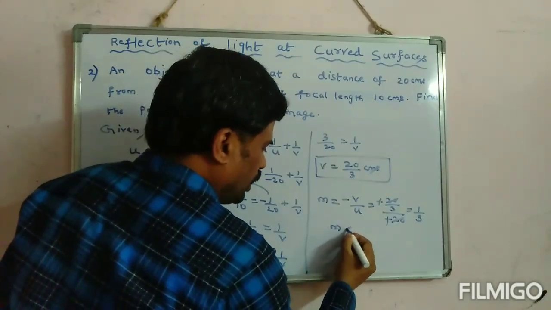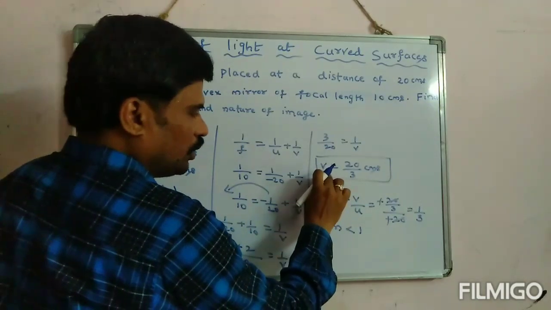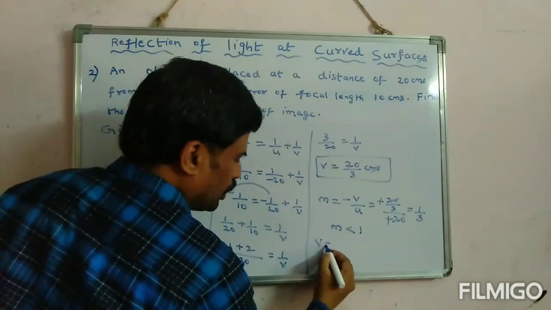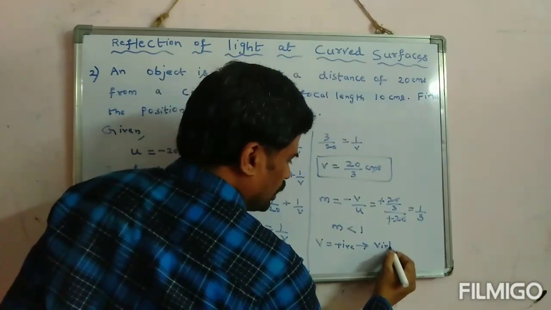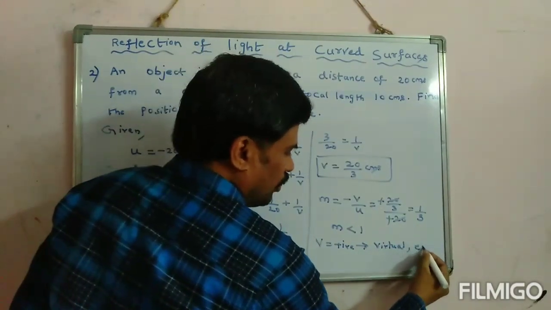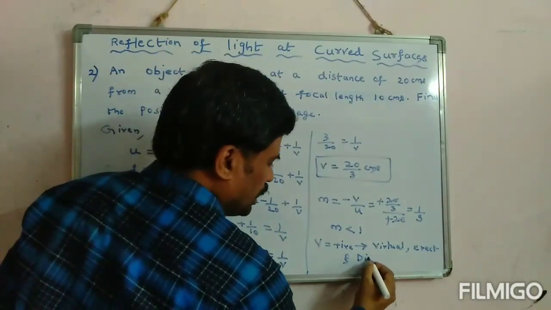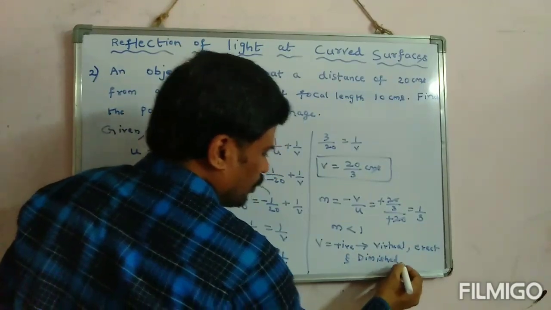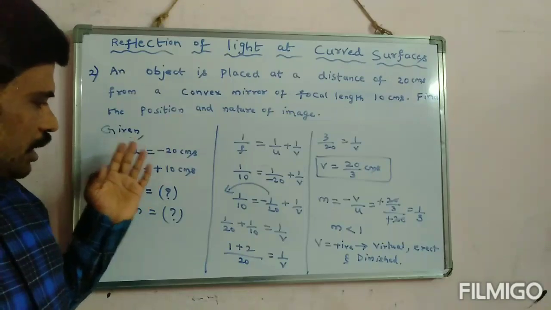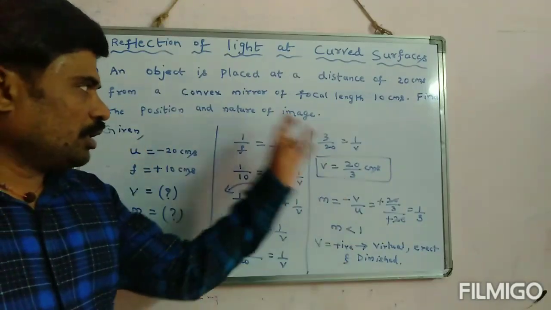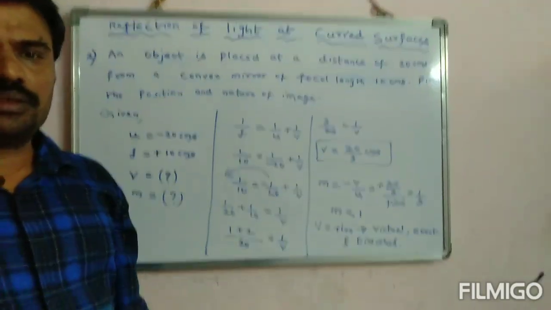Here you are getting the M value less than 1, and you are getting v positive, telling that it is a virtual image. Virtual is always erect, and since the M value is less than 1, it is diminished. So from this problem we can tell that a convex mirror always forms a virtual, erect, and diminished image.